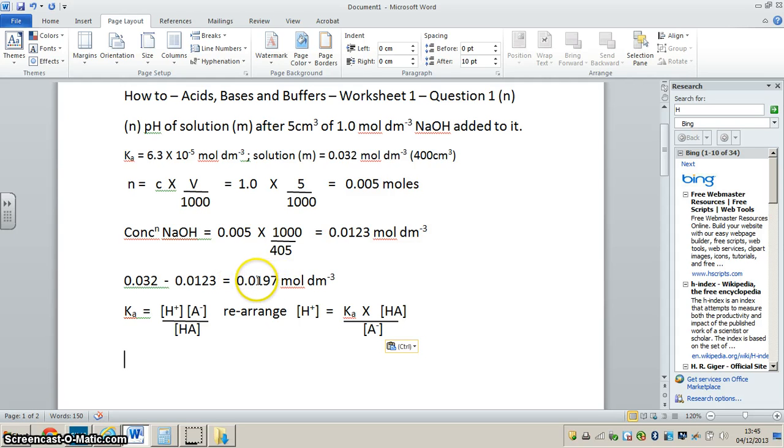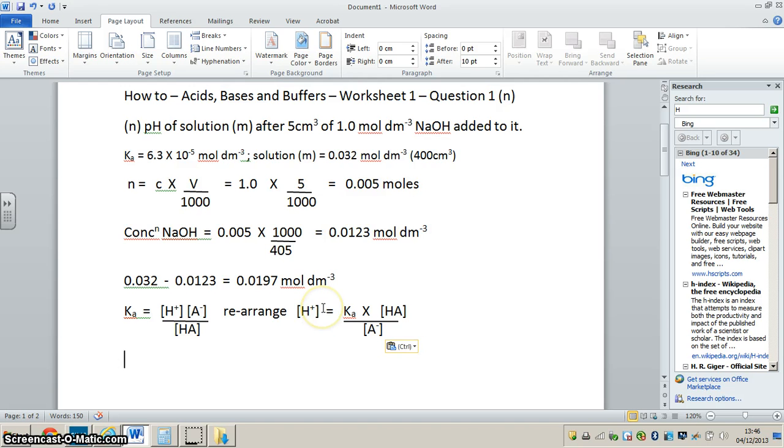That's the acid concentration after part of it has been neutralized by the sodium hydroxide. And we know the [A-] concentration because this is a strong alkali. The [A-] is equivalent to 0.0123 mole per decimeter cubed, because all of this dissociates. So effectively we've got three known values which will enable us to calculate the hydrogen ion concentration.